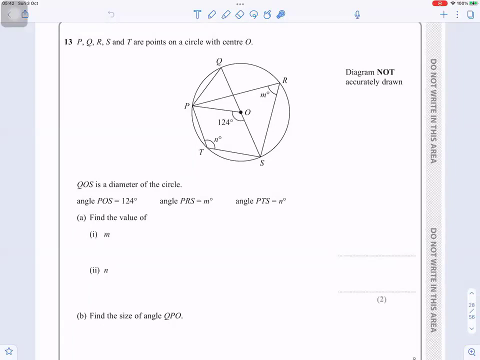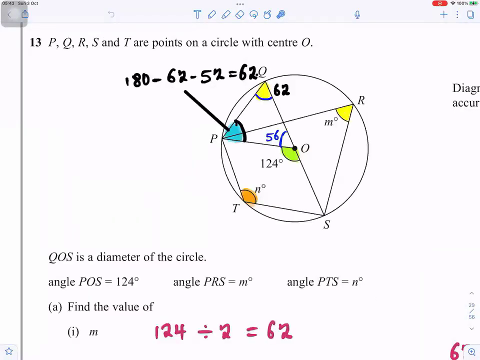Question number 13. P, Q, R, S, and T are points on a circle with center O. QOS is the diameter of the circle.